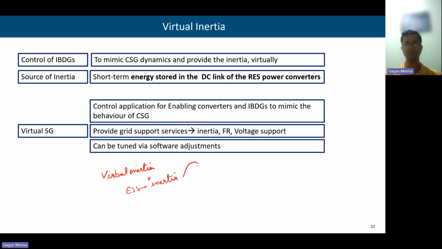Can you give some example? These will be energy storages having a rotating part, some rotating mass, which can provide inertia without incorporating anything in the converters. We can have that inherent inertia from this energy storage.